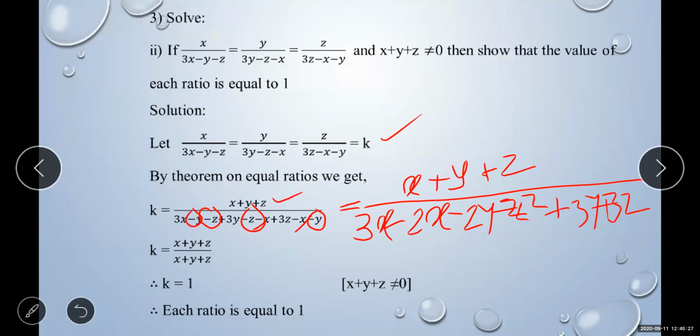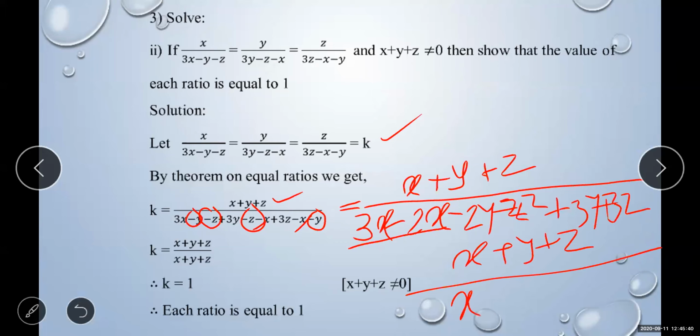Now 3x minus 2x, x plus y plus z, numerator as it is. Now the denominator 3x minus 2x, x, 3y minus 2y, plus y, 3z minus 2z, plus z. So numerator and denominator both are the same.